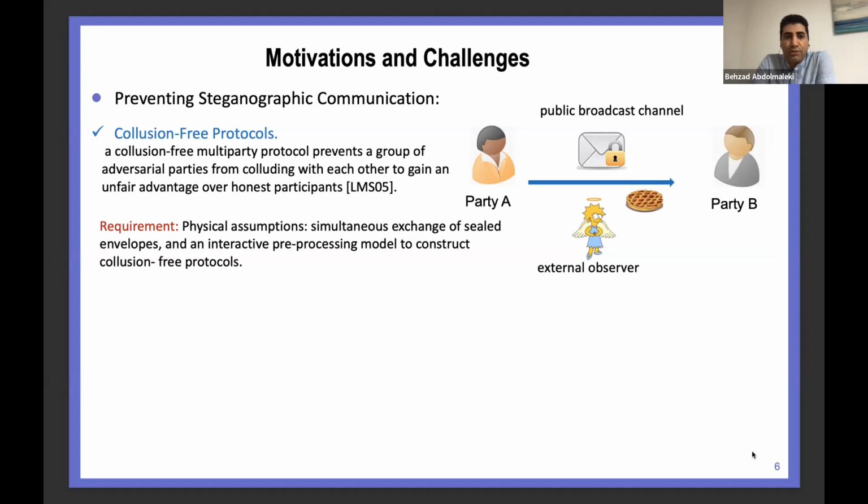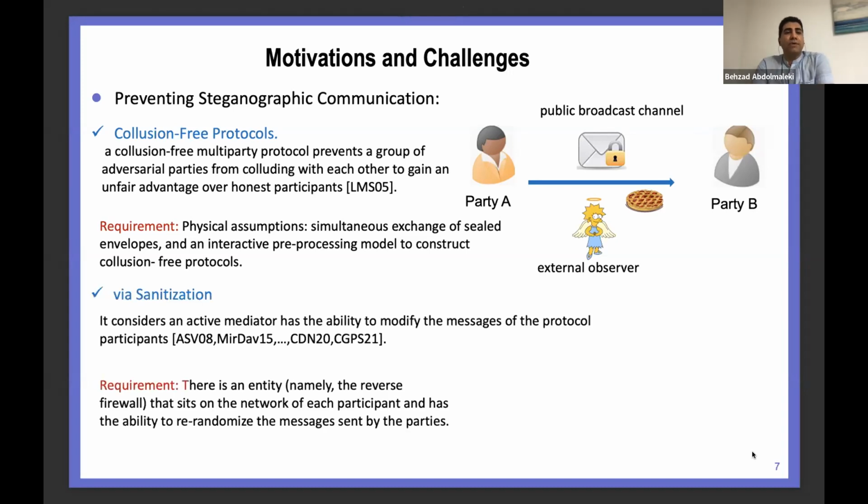adversarial parties from colluding with each other by the assumption that there are physical sealed envelopes, plus some interactive pre-processing phase.